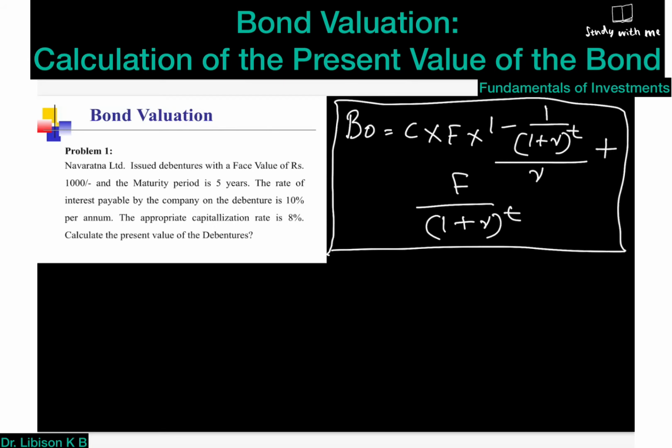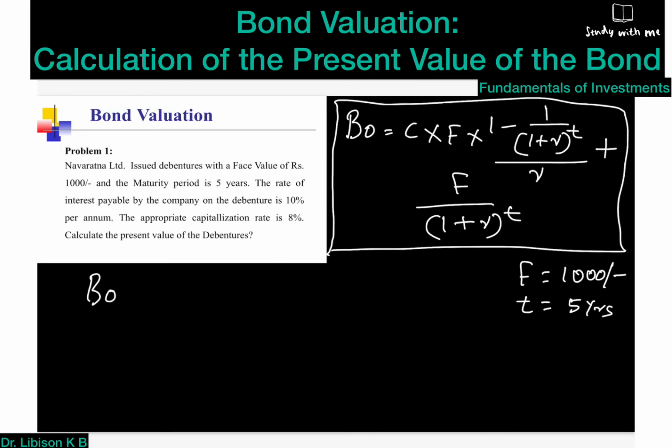If you have the question, calculate the present value of bond, it is nothing but calculation of B0, and we have all the parameters for solving the problem. F is equal to 1000, maturity period, that is what is called T in the formula, 5 years.